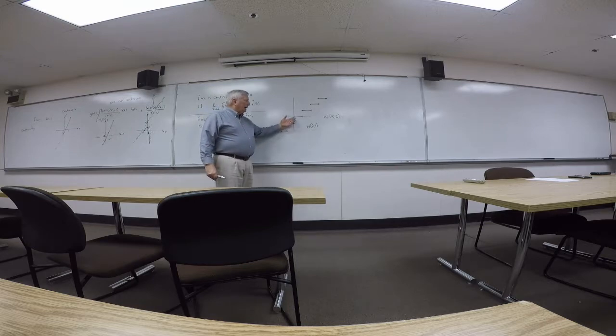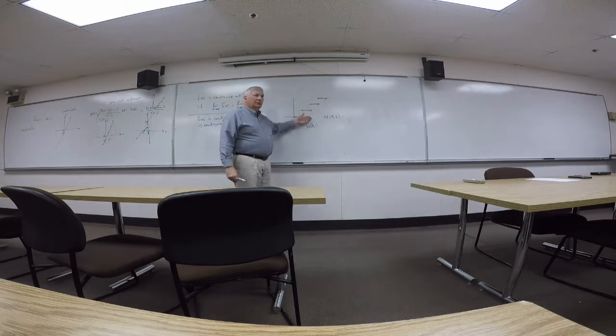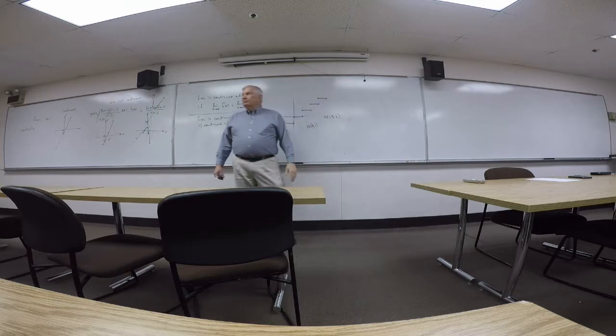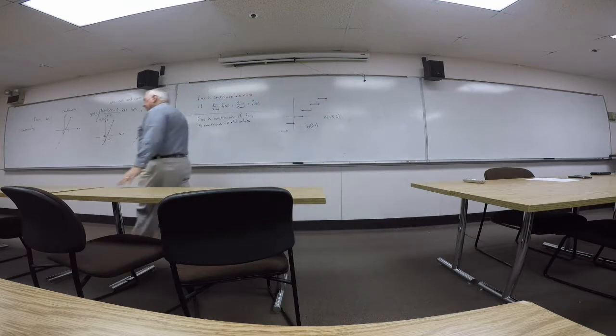Not continuous at 2, because you come at 2 from the lower side, from the left, the limit is 1. Come at 2 from the upper side, the limit is 2. Since 1 doesn't equal 2, it is not continuous. Whether this happens at a single point or infinitely many points, it is not continuous.